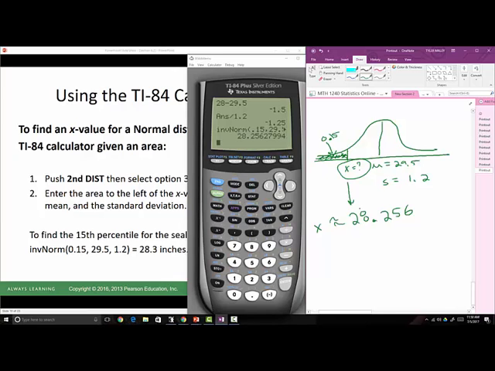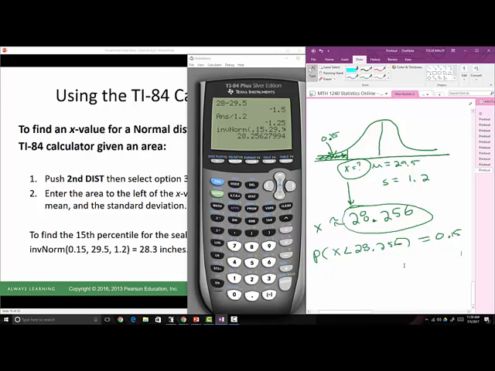If a seal pup has this length, anything below this length would contain 0.15. In other words, another way to look at this is the probability that x is less than 28.256 is equal to 0.15. So we just did this backwards.